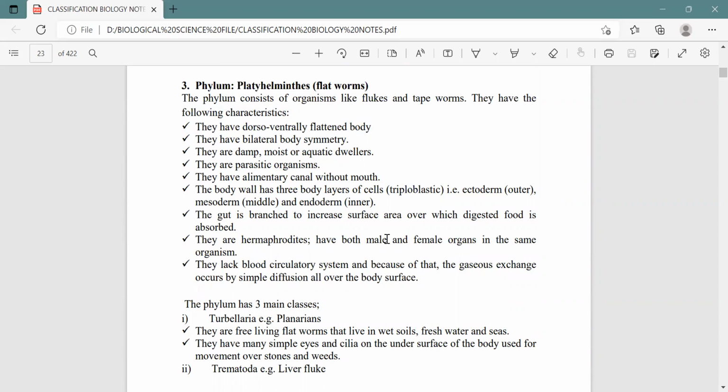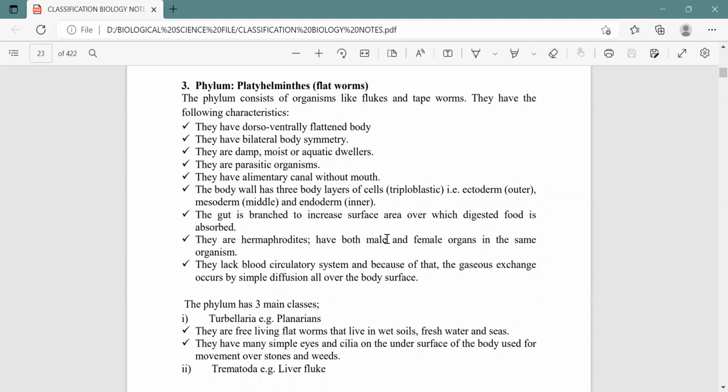Those are the characteristics of the flatworms. Dorsoventrally flattened body, bilateral body symmetry. Most of them are parasitic, have an alimentary canal but no anus. All of those are characteristics of the flatworms.